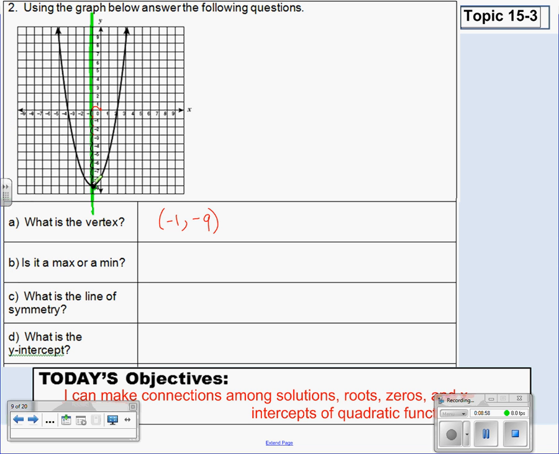It only crosses the x-axis, and it crosses the x-axis at -1. So our line of symmetry is x equals -1. Let's go back and find out the maximum or the min. This is opening upward, and so therefore we are dealing with a minimum or a min.